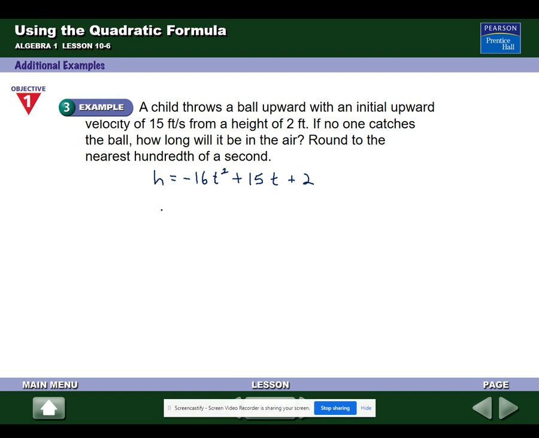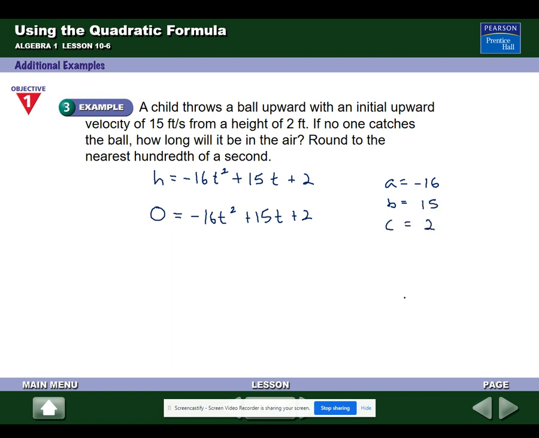All right, now from there it would just be a quadratic formula problem again. They want to know the time when the object that the child throws hits the floor, so that'd be at a height of 0. So really you're solving this, where a is -16, b is 15, and c is 2.